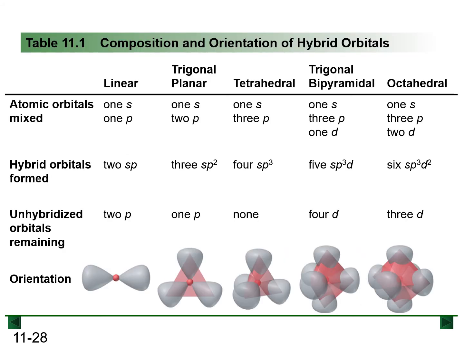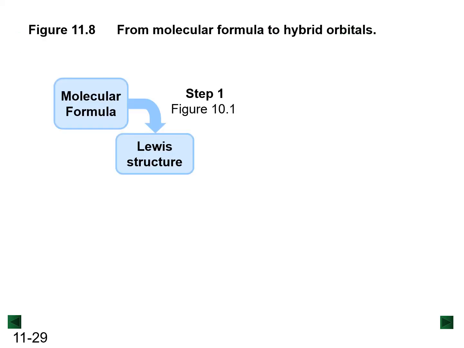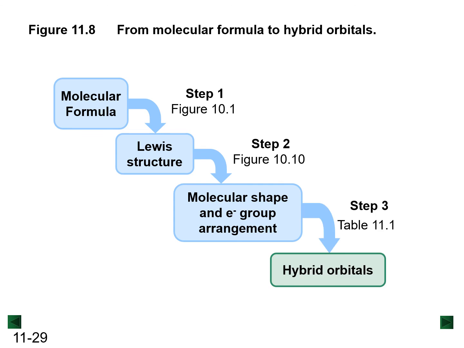This table summarizes the number and type of atomic orbital that mix to form 5 types of hybrid orbital. Please remember this. Okay, here are some steps converting molecular formula to hybrid orbital.